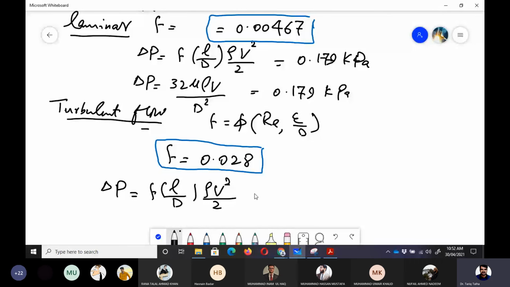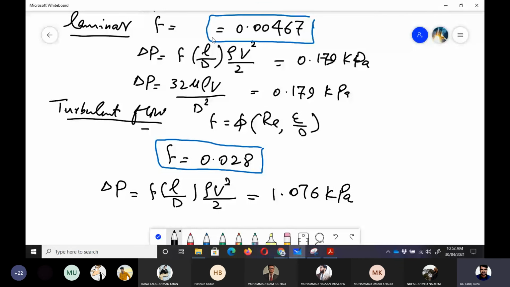The only difference here is the friction factor value. So if we put that value, then it comes out to be 1.076 kPa, right? Because in the turbulent flow we also consider the surface factor, so that's why the friction factor is quite higher.